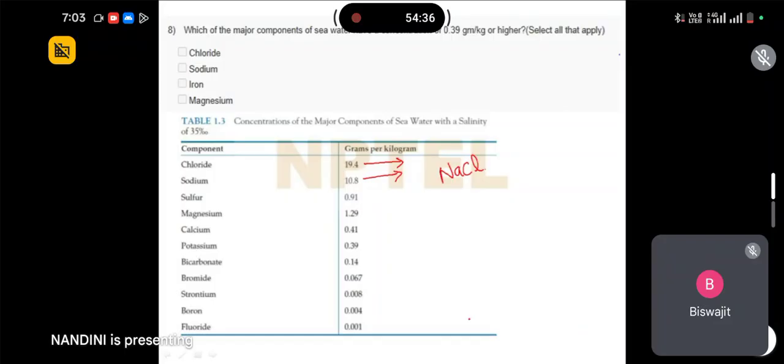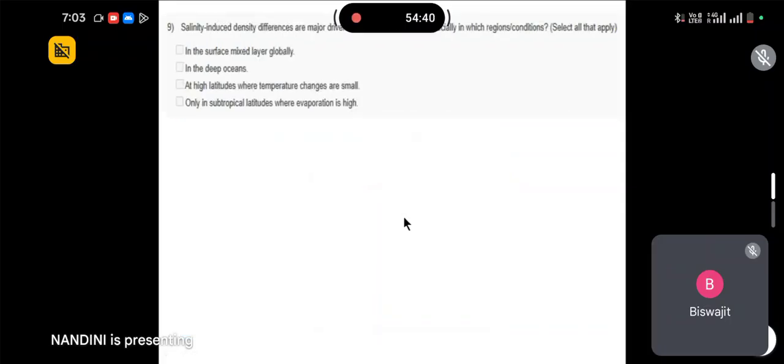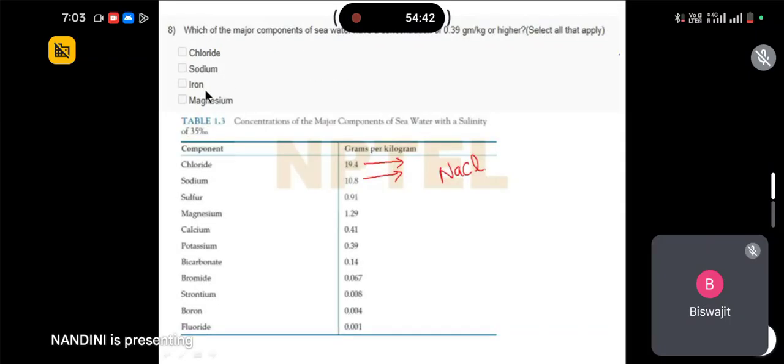It will be present as Na plus and Cl minus once it is dissolved. So here the answer is except ion, all others have a concentration greater than 0.39 gram per kilogram.